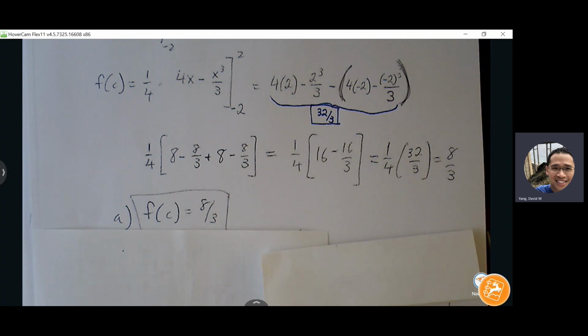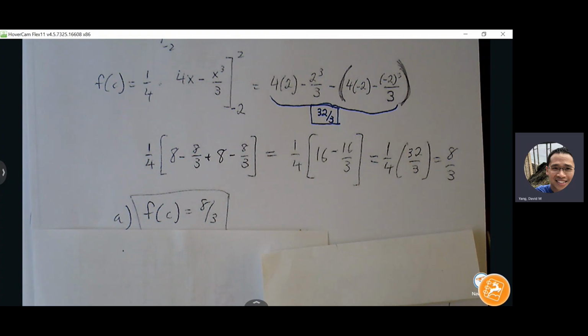Upper bound gets inserted for all the x's, then put a minus sign, big parentheses, and then apply the same process for the lower bound. And after all that mess, you'll get 32/3 times 1/4, which will give us 8/3. So now we have the average value.